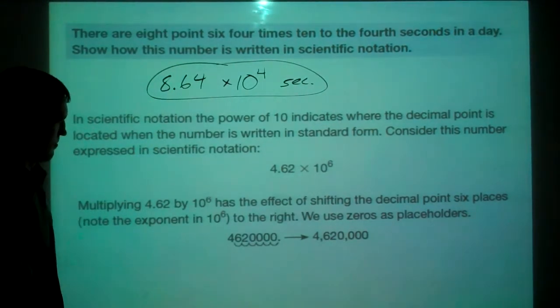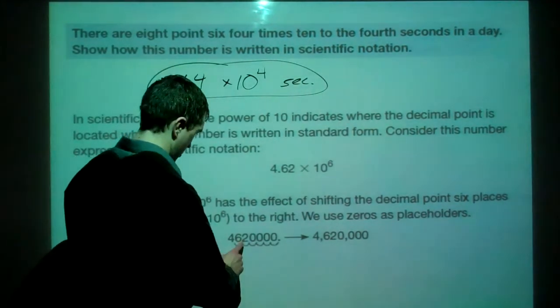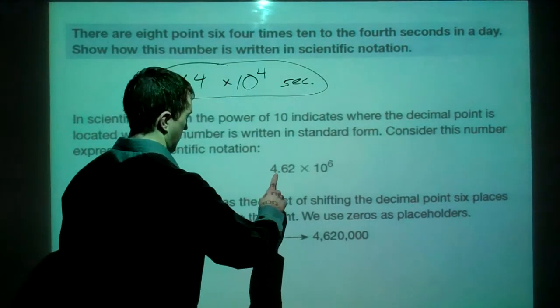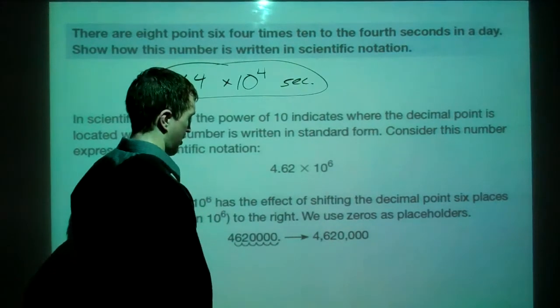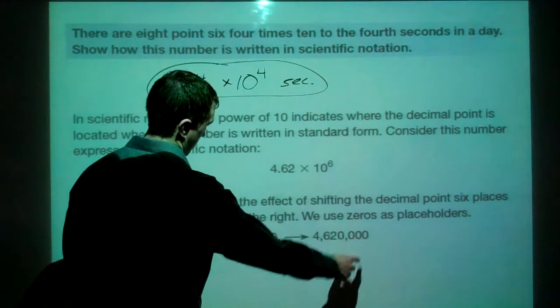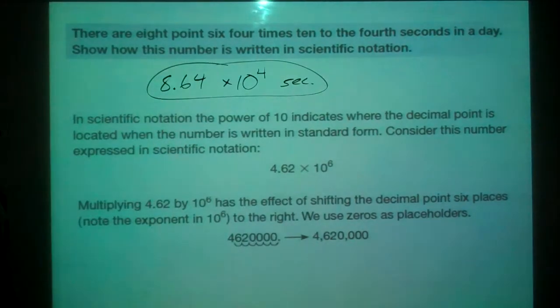So there should be 6 numbers beyond the number 4 when we're done, and there are. There are 1, 2, 3, 4, 5, 6. But basically, just in the basic form, this says we're moving this decimal 6 spots to the right. So 1, 2, 3, 4, 5, 6.